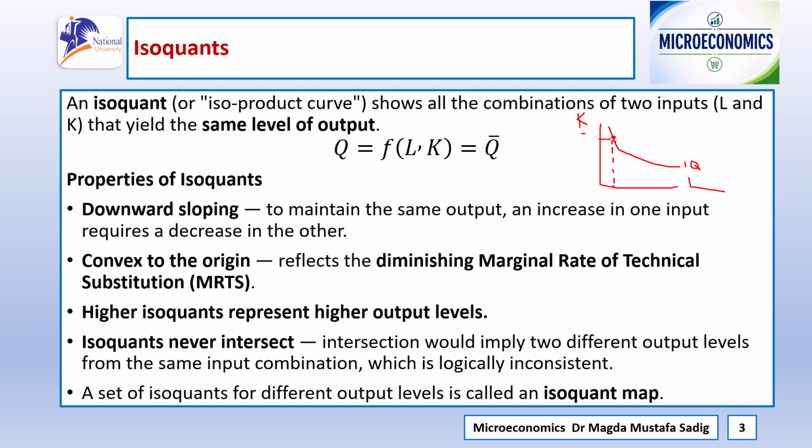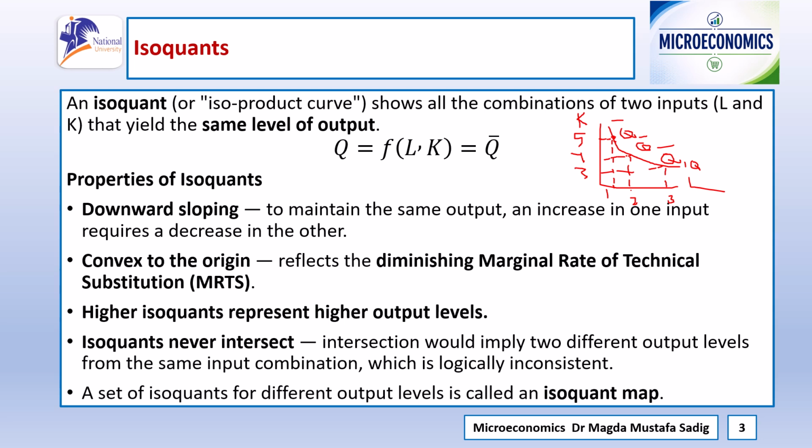Let us say 5 and 1, 4 and 2. I'm sorry for my bad drawing. 3 and 3. But we will have similar quantities. The output will be the same. That is why we call it isoquant.